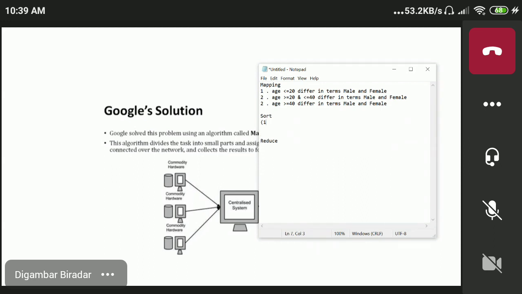So in the first task, 1 comma, it got 30, and around 70, and the third mapping got, but 30, 45, 70, 55 and 60.